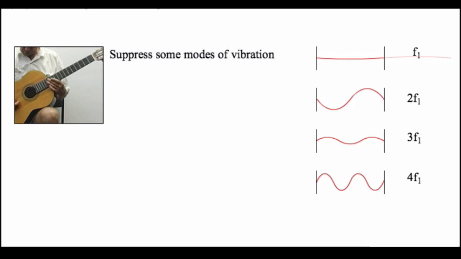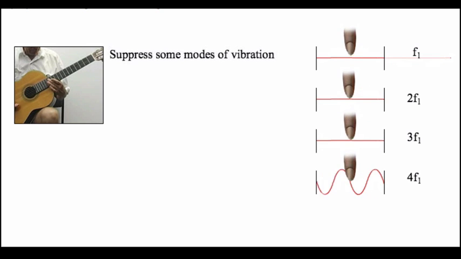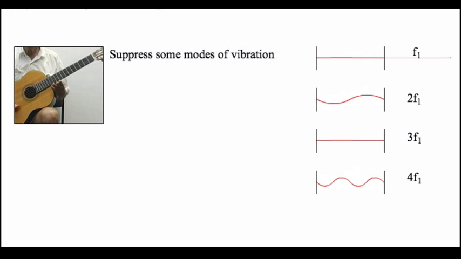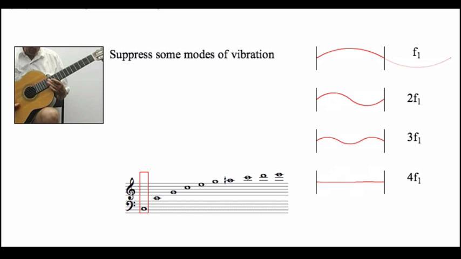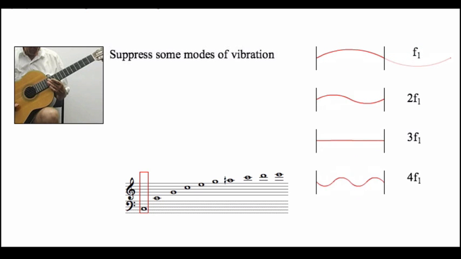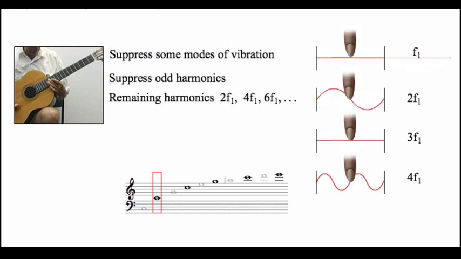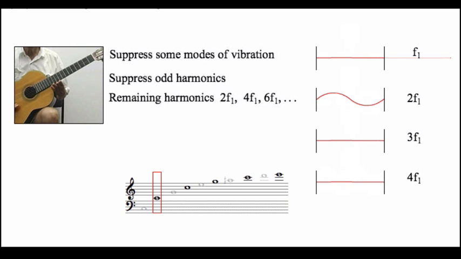We can also change the pitch by suppressing some of the modes. I've tuned this string to C3, that's the C below middle C. If I touch the string very lightly, halfway along, I suppress the first, the third, and all odd-numbered harmonics. Now, the highest common factor is 2F1, which determines the pitch.